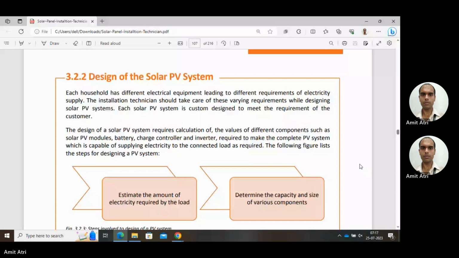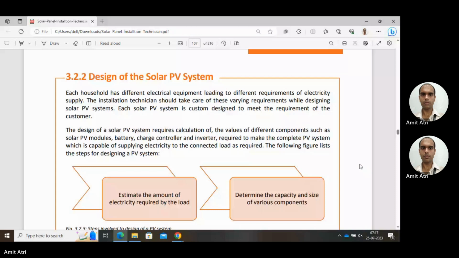Okay, so battery is another component. Then charge controller and inverter, inverter when we consider our load to be AC. Required to make the complete PV system which is capable of supplying electricity to the connected load as required.